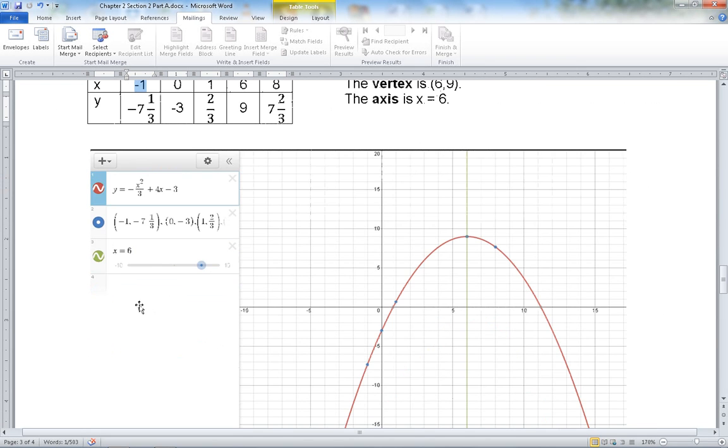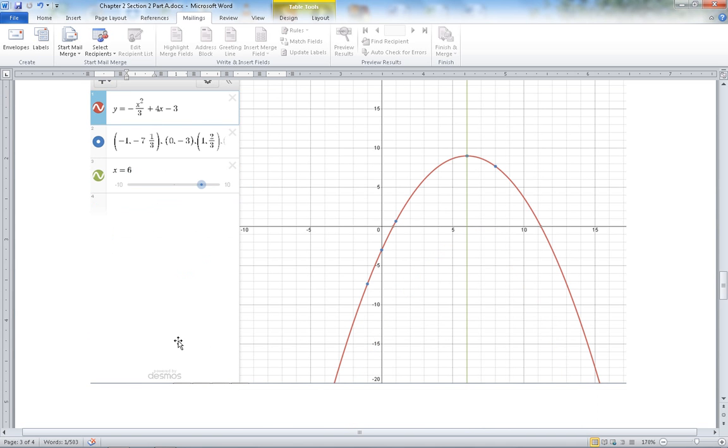So if we look at a graph, you can see that I've graphed the equation, I've labeled a few points on the parabola, and then I drew the x equal to 6 line because that is actually the axis for the parabola. That's the thing that if you folded the parabola across that line, it would be a mirror image of itself.